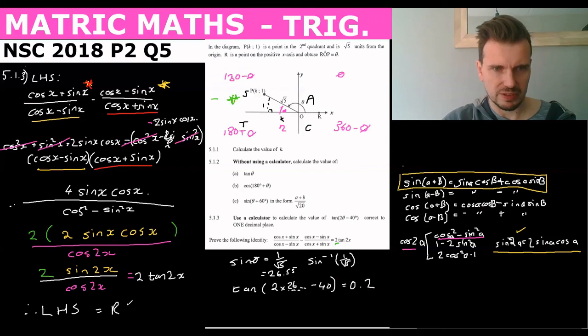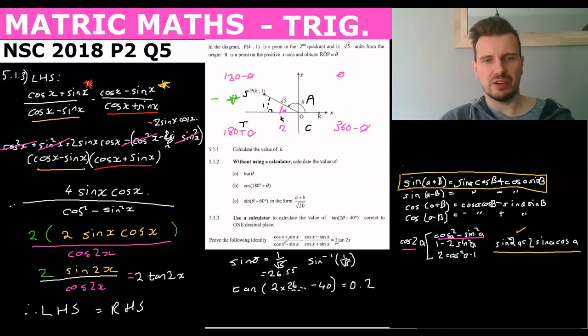And so then we know that LHS equals RHS. Okay, so with these, I know that a lot of students find these ones difficult because they don't know where to go, because from here to here, it's impossible to see unless you're a genius. You know it's going to come to that because they tell you it will.